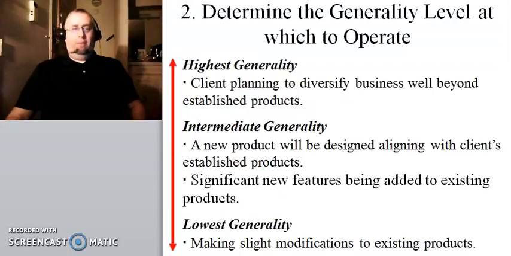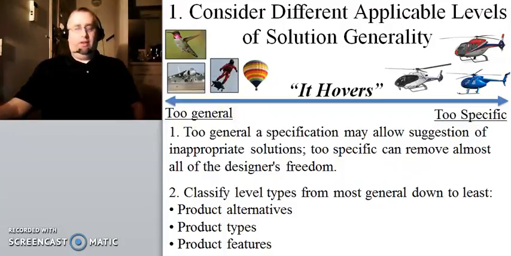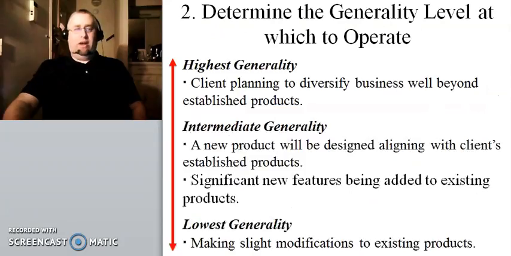Now, remember from the previous slide, if I am too specific in setting my specifications, then I end up with a very limited number of solutions which are very similar to each other. If I'm too general, then I end up with a lot of different solutions that have very little to do with one another, and the design space is quite expansive.